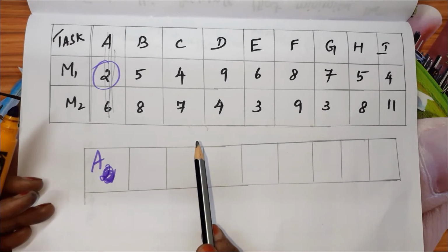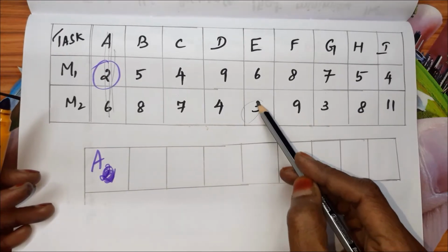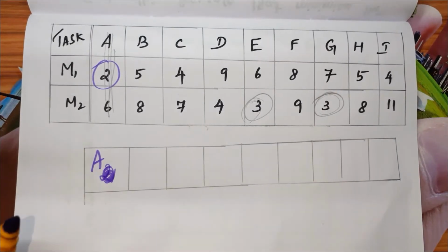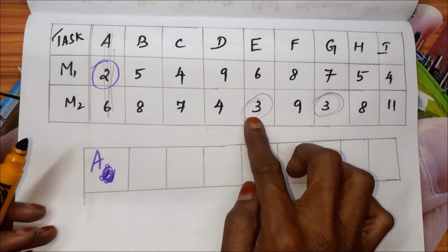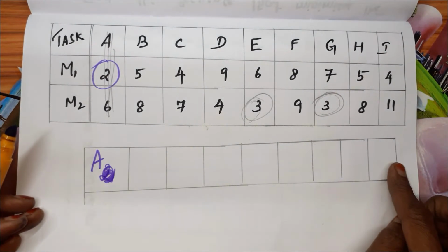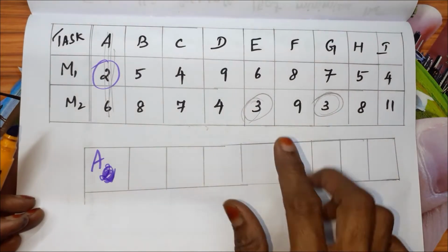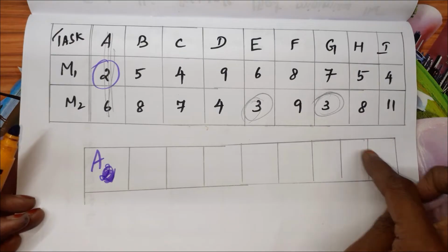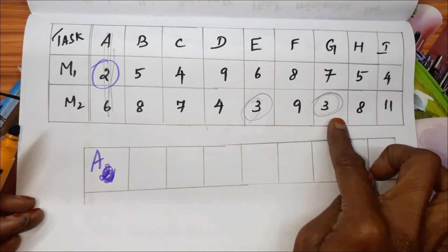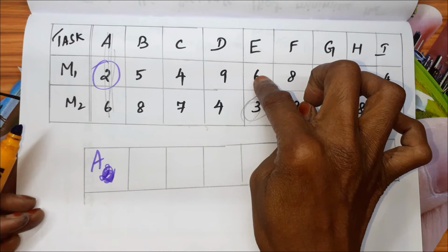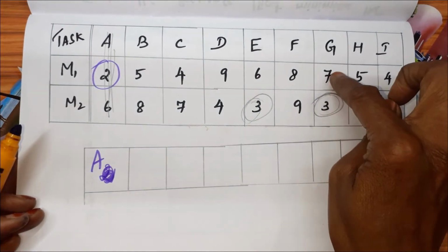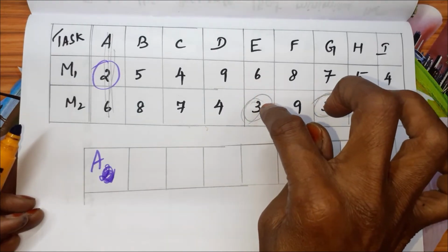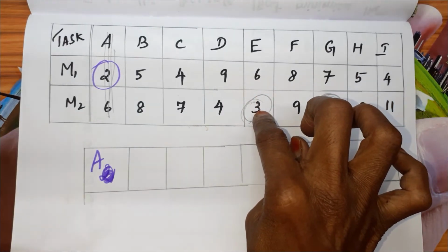Next minimum is 3. We have that in 2 places. Since it belongs to M2, we have to start from the right side. Since we have 2 places, compare the other values: for one the other value is 6, for the other it is 7. 6 is the minimum, so on comparison we take this 3 as the first one.